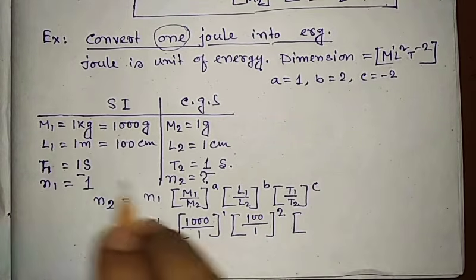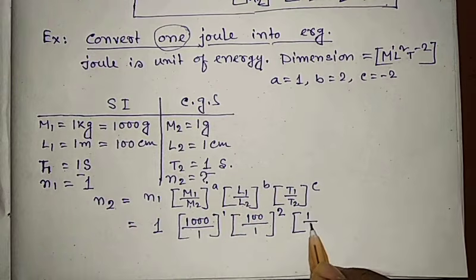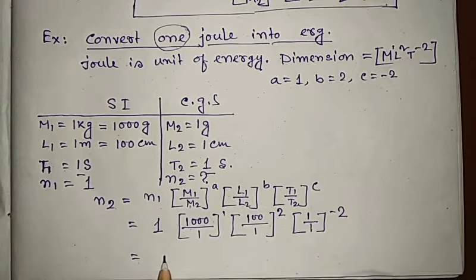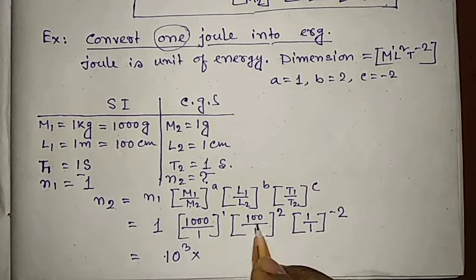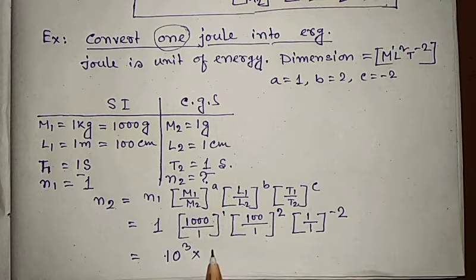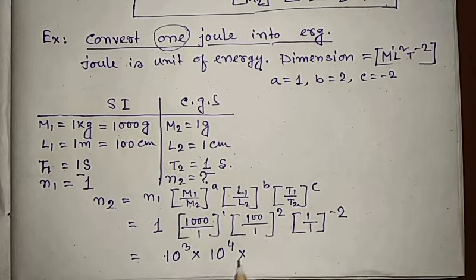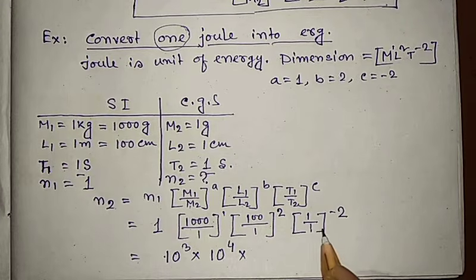T1 is 1, T2 is 1, to the power minus 2. This is 1, this is 1000, which means 10 to the power 3, into this is 100, which means 10 square, whole to the power 2, that means 10 to the power 4, into this is 1.